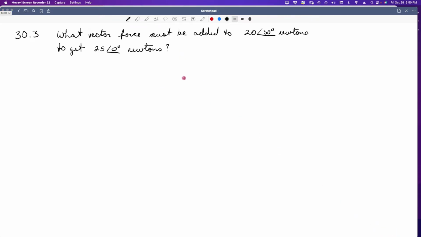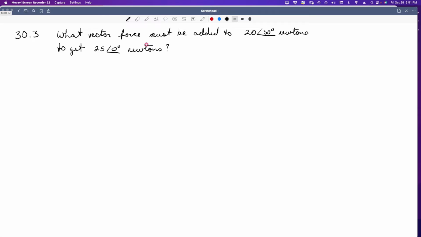All right, so here they're throwing us a little bit of a curveball, and it says what vector force must be added to 20 newtons at 30 degrees to get 25 newtons at 0 degrees. So basically what we've got to do is figure out the rectangular coordinates for 20 at 30 degrees and for 25 at 0 degrees, and find the difference between the two.